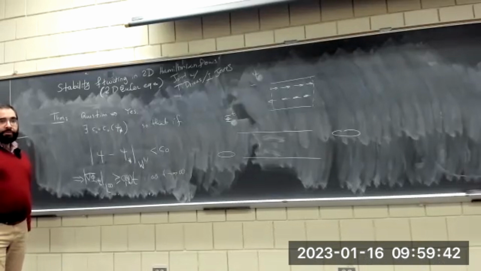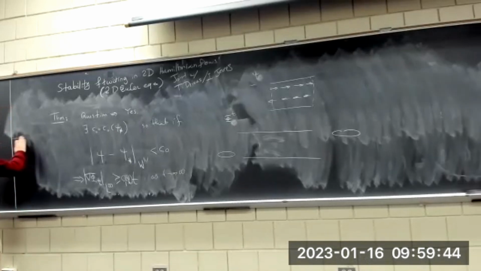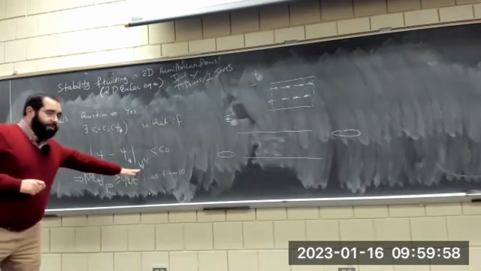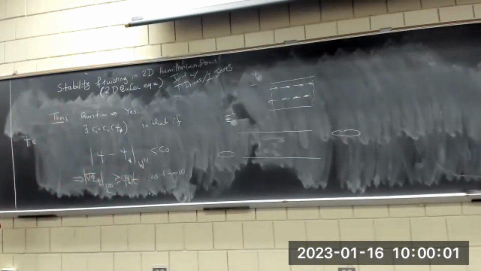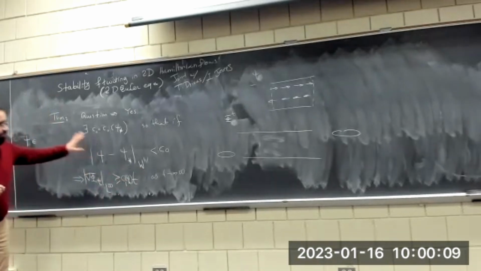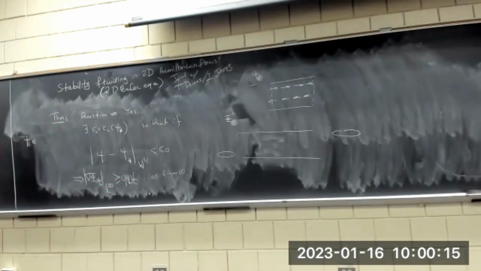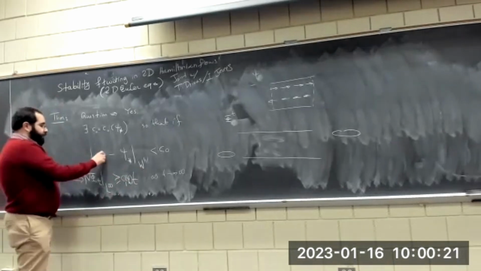The question about psi in that case: the psi that's associated to the counterexample is not even in W11. No, it doesn't depend on T. It only depends on X. No, this is just a statement about flow maps of a given psi. So psi doesn't have to be autonomous in the statement.